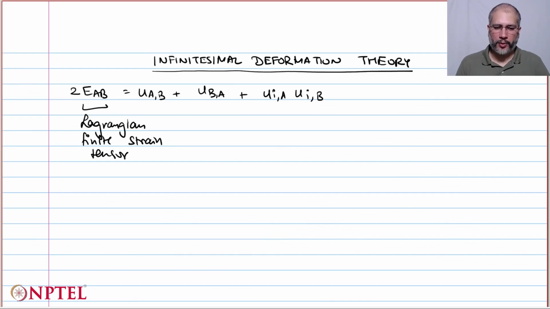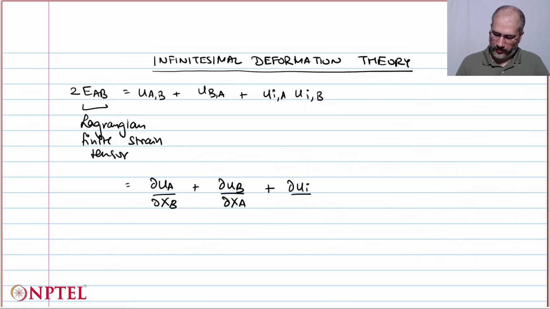So this is how we had expressed the Lagrangian finite strain tensor. And in this strain tensor, U_A,B is basically del U_A upon del X_B. And similarly, if I expand the other terms to clarify the gradient, this becomes like this. And similarly, we had expressed the Eulerian finite strain tensor as.